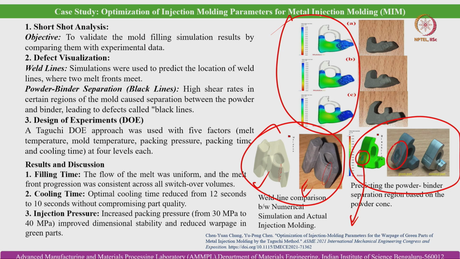So this case study shows the essence of developing a process model in powder injection molding processes, which can effectively reduce defect formation, significantly improve product quality, and help achieve the desired quality characteristics in the developed parts.